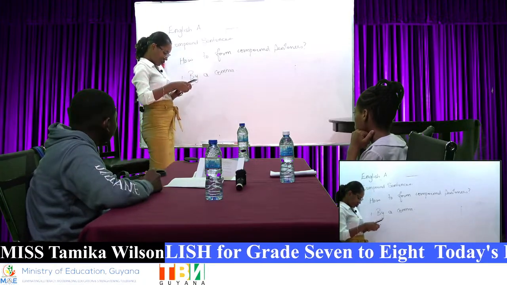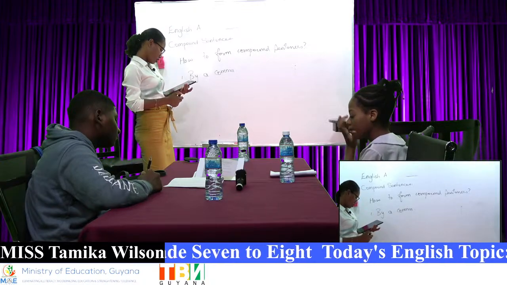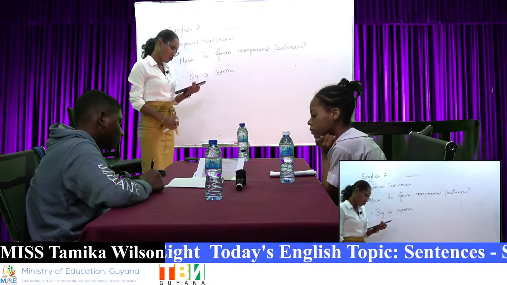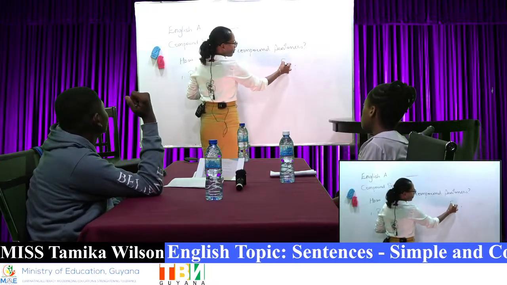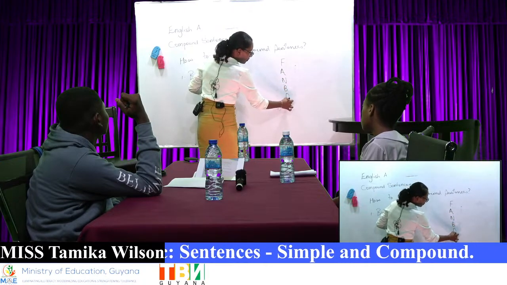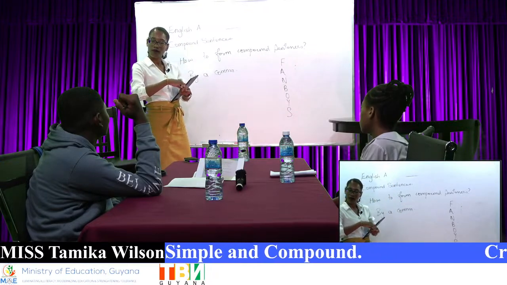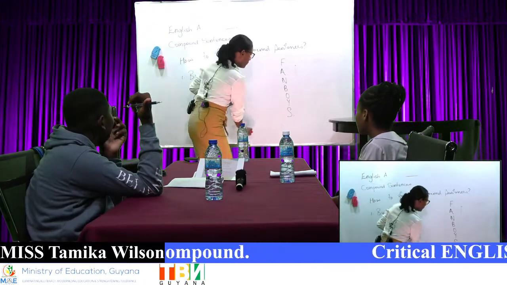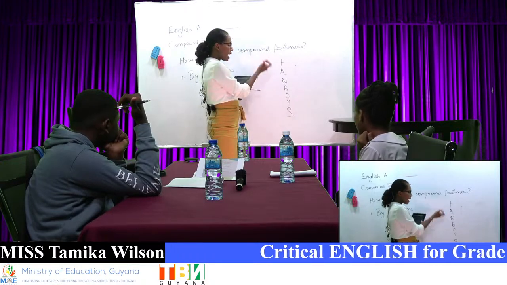When we look at two or more simple sentences, we join them using conjunctions such as and, for, so, but. Now, have you ever seen this before? Yeah, Alice said yes. What do they mean? So this is an acronym, right?